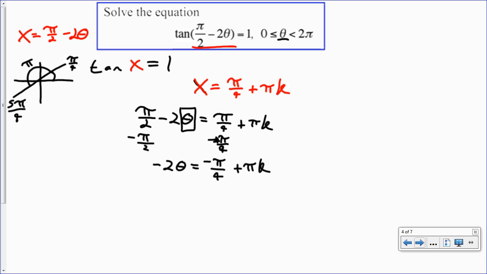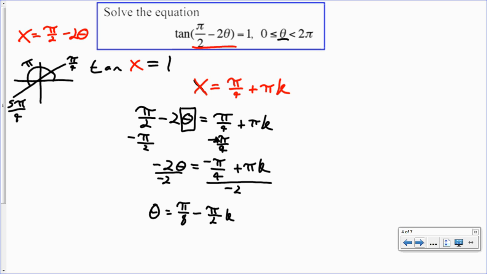Then from there, I got to divide by -2. Divide this entire side by -2, and I get theta is equal to pi over 8 minus pi over 2 k.